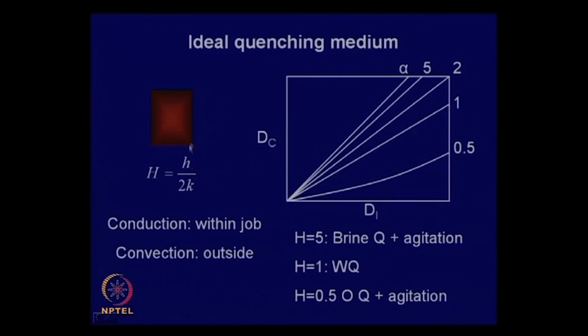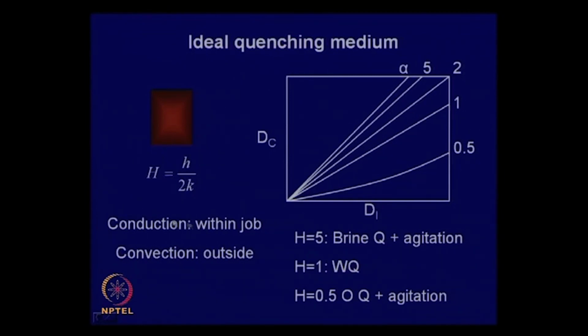So, that means as you quench, the heat transfer is infinite, and the surface immediately comes to the temperature of the surrounding quenching medium. So, that is the maximum that we can think of, but we will see a little later that it is far from reality.